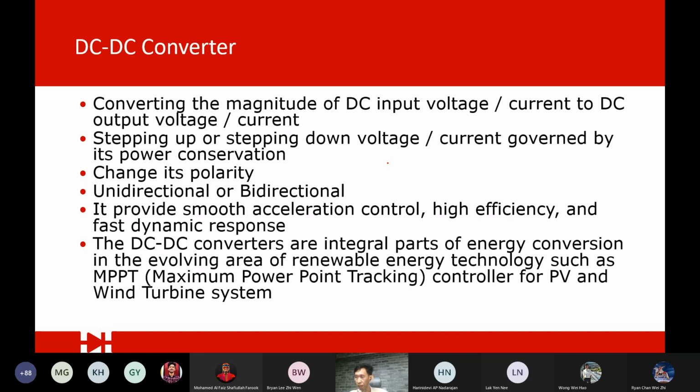If you're using it to control a DC motor, you can control the acceleration and speed. It also gives very high efficiency and fast dynamic response. The DC-DC converters are integral parts of energy conversion. For example, most of the inverters out there are a combination of DC-DC and DC-AC.